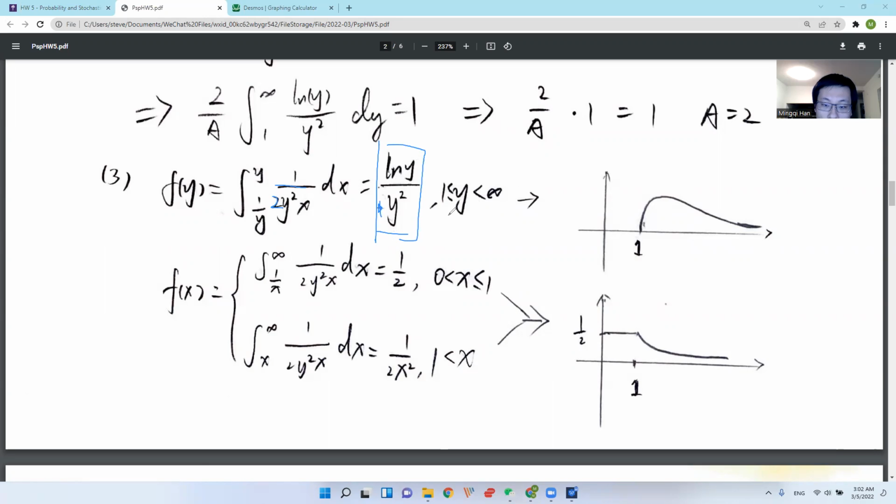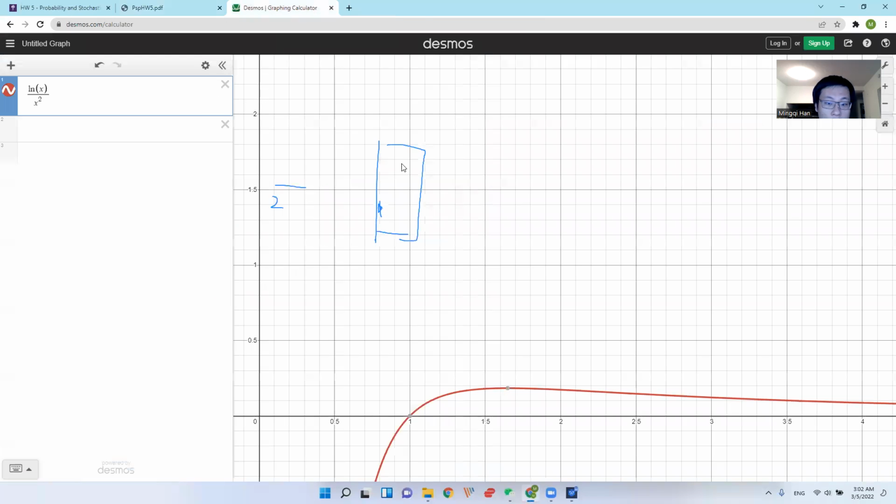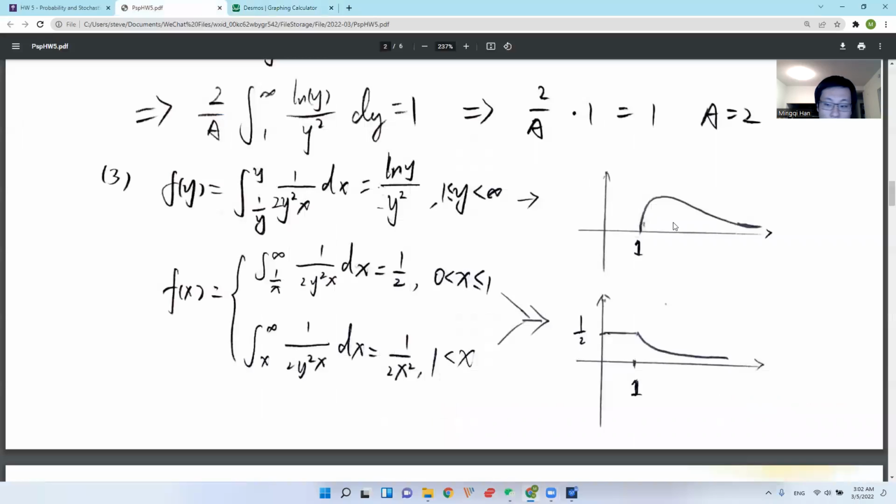This is the marginal density function. And by plugging this equation into the graphing calculator, we have the graph like that, starting from one, with a shape like this.